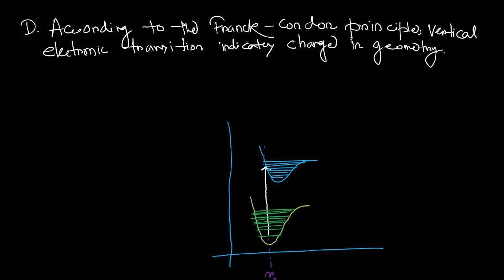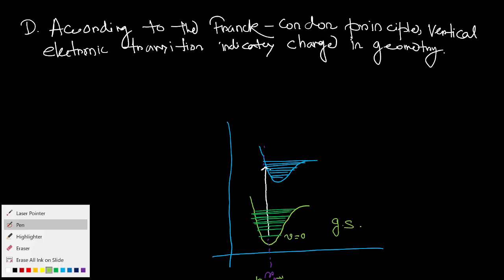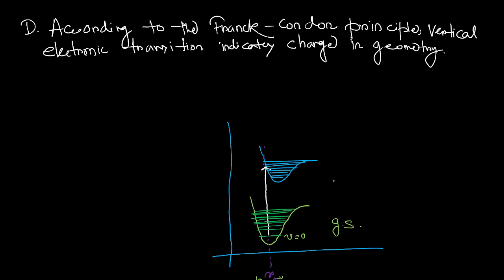Suppose this is the bond distance of AB, R0. Starting from the V0 state of the ground state G, it falls to the excited state, counting 1, 2, 3, 4, 5, 6, so the V6 state.